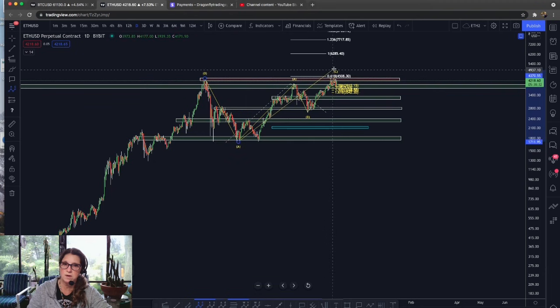This would be three waves for a B, we'd come down for C. It would either be the running flat or it would break lower into this fourth wave for an expanded flat, but I'm more leaning the running. We have the triangle also. A, B, C, D, E. Okay.